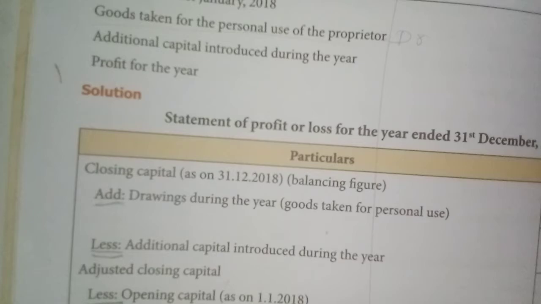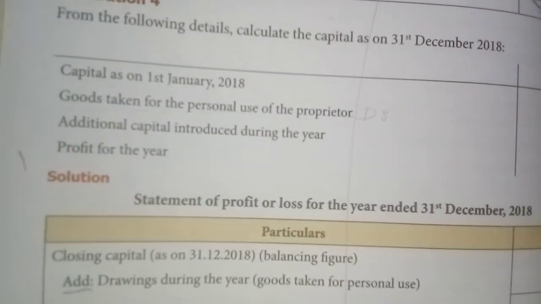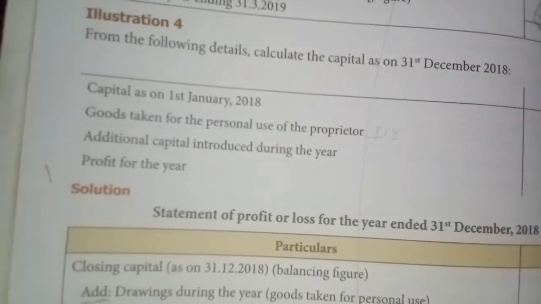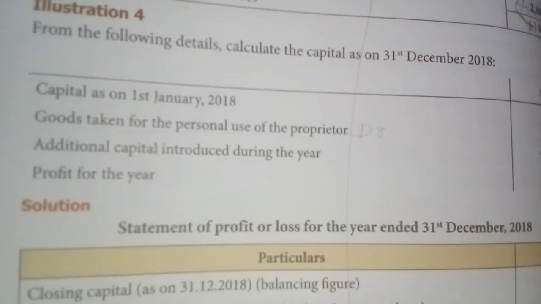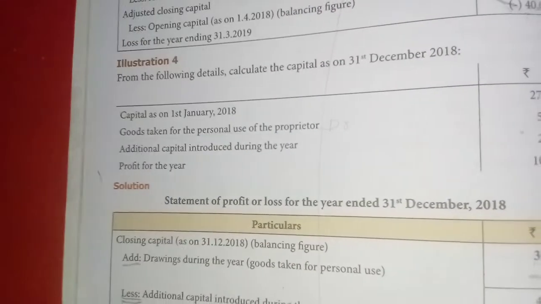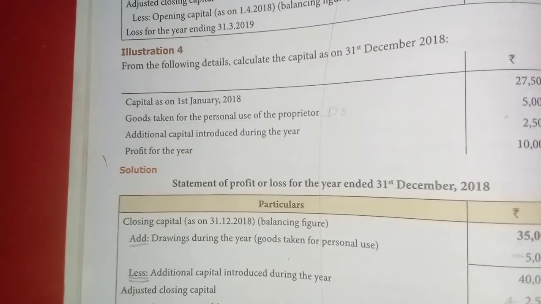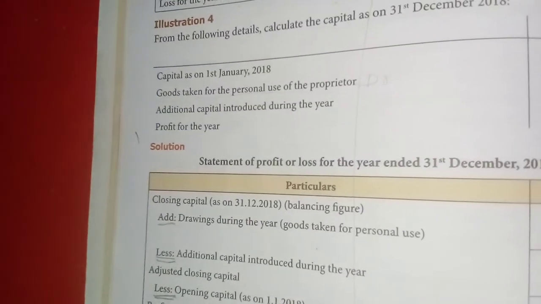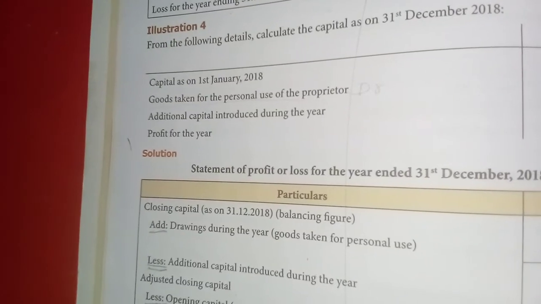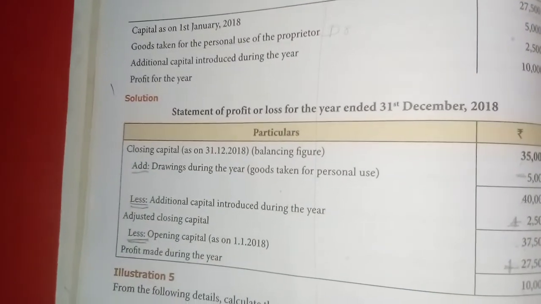Goods taken means drawings. In the form of goods they have taken. So drawings, then additional capital, then profit given. What is asked? So we should think that here they have asked the closing capital. So you see the problem.